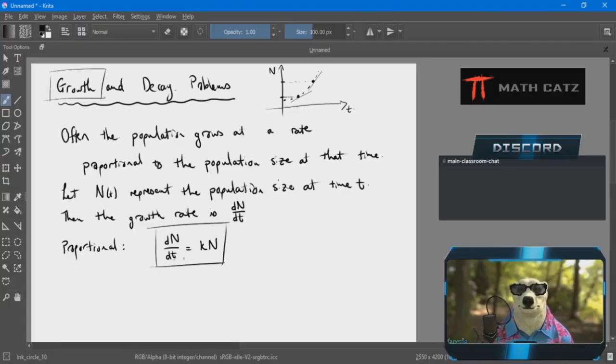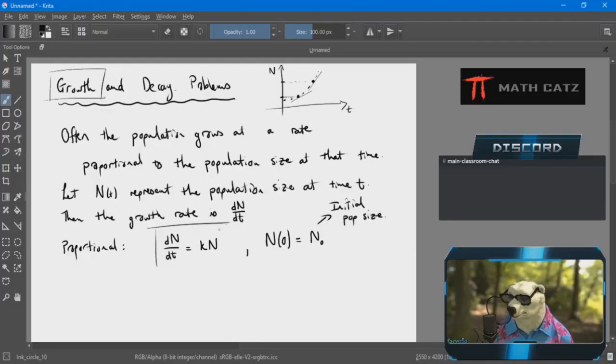I also, of course, need to know, let me just clear my box here. I also need to know how many there were at the start. And let's call that N0. So I would need to know, not always, but usually, the initial population size.